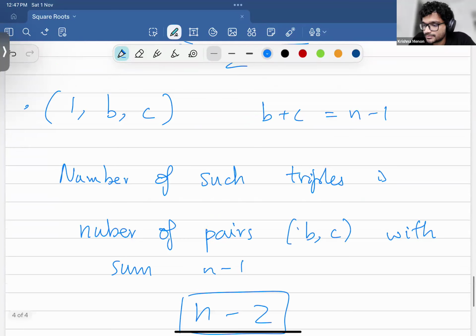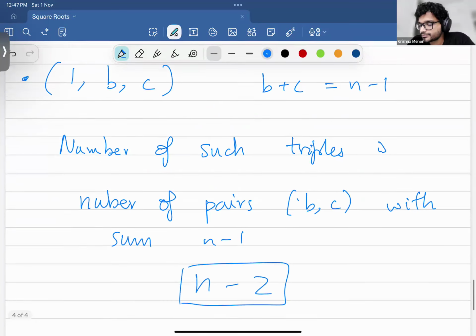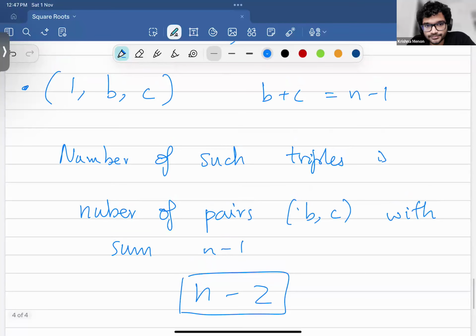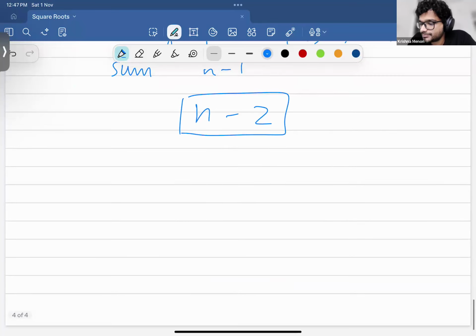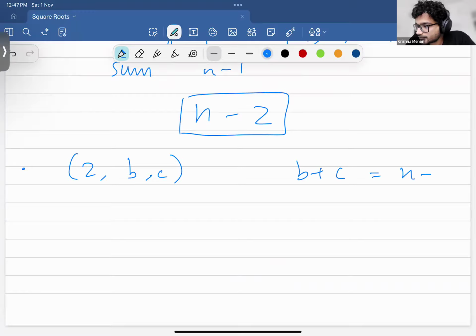Yes, sir. Okay. Then we can do the same for 2, comma B, comma C. Here B plus C needs to be N minus 2, and there are N minus 3 ways to do this.